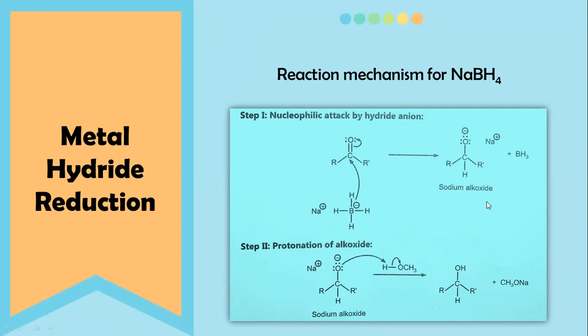So in step number 1, sodium borohydride attacks the carbonyl carbon, supplies hydrogen to it in the form of hydride ion, and thereby converts the carbonyl compound into sodium alkoxide.